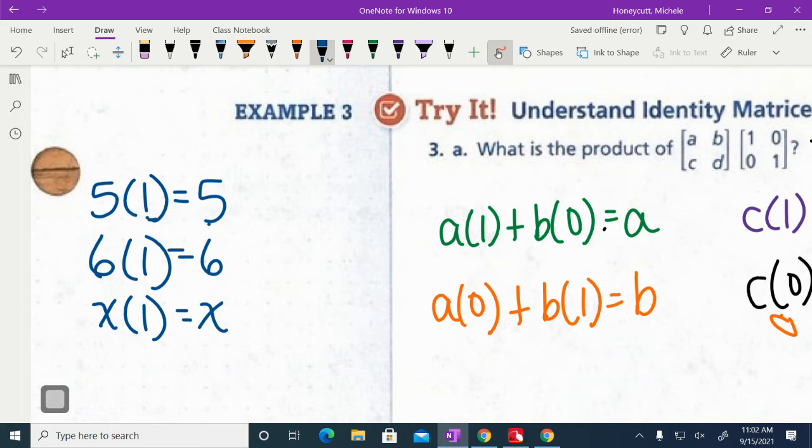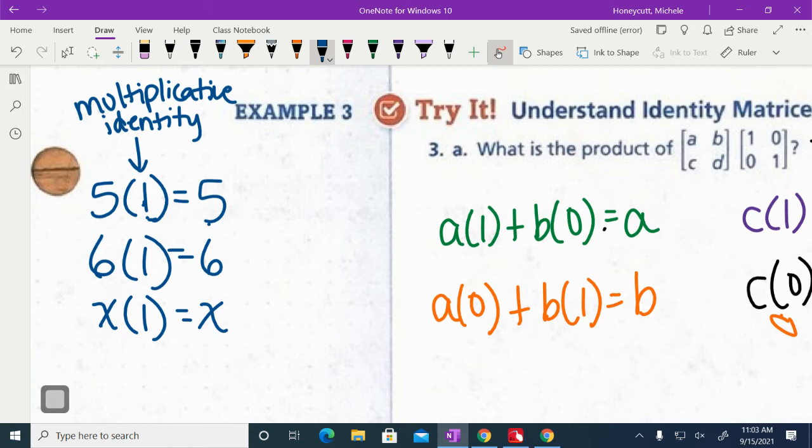That's called the multiplicative identity. 1 is our multiplicative identity. Meaning, in multiplication, anything times 1 is going to give me that same thing. That's what 1 does whenever you multiply.